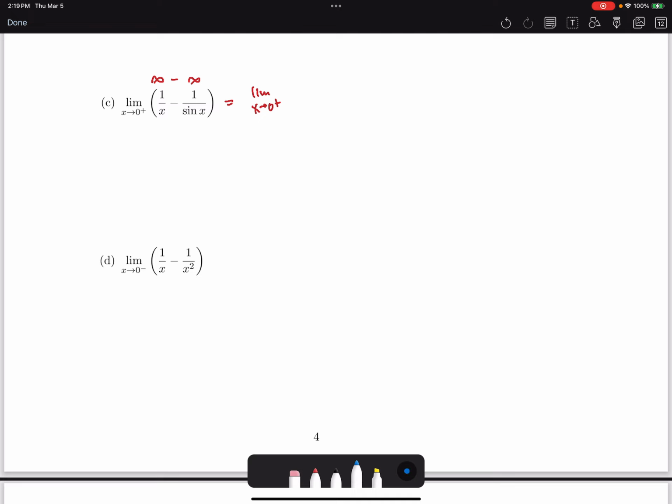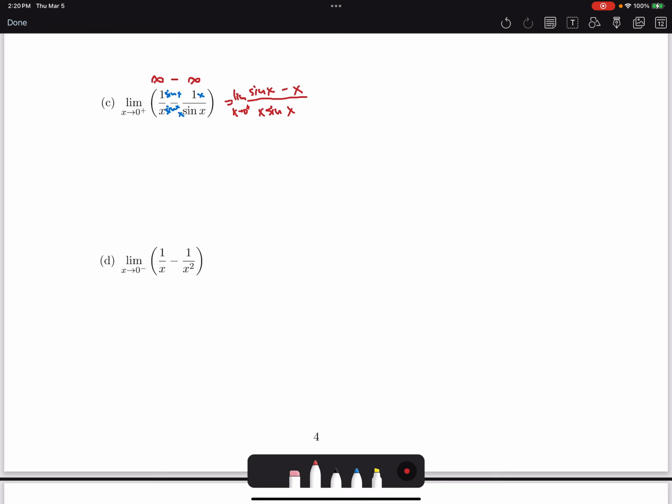Okay, in order to do that, we need a common denominator, so I need a sine x here, and here I just need an x. And then our denominators will be x sine x, okay? And our numerators will be sine x minus x. Okay, can we apply L'Hopital?